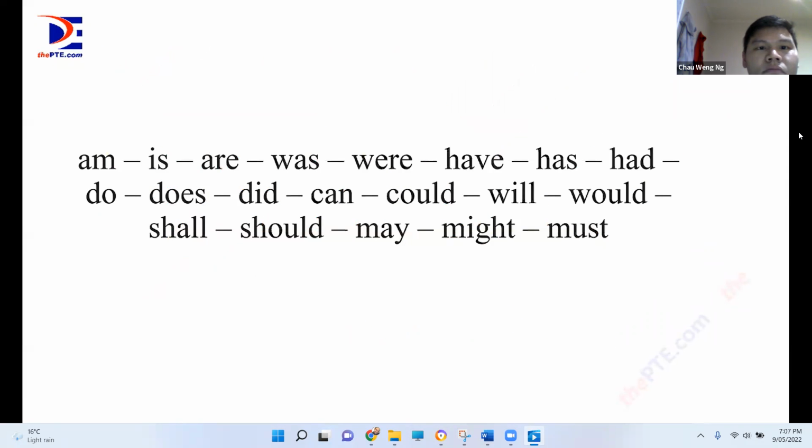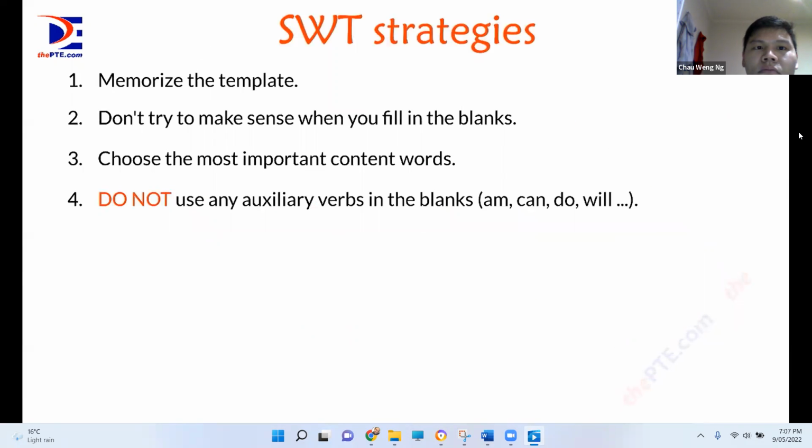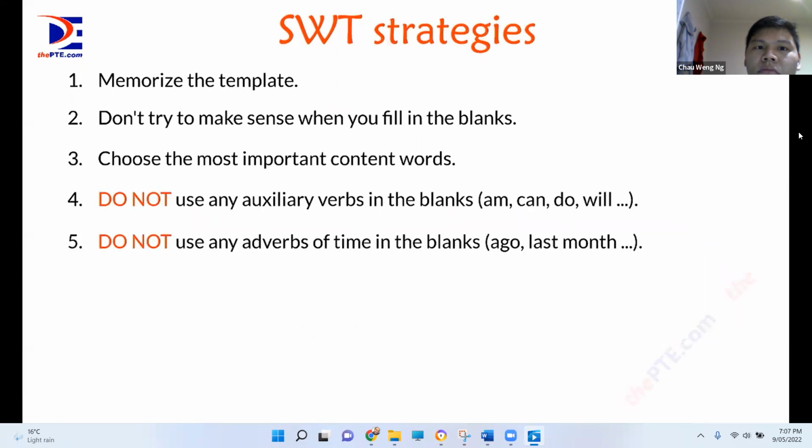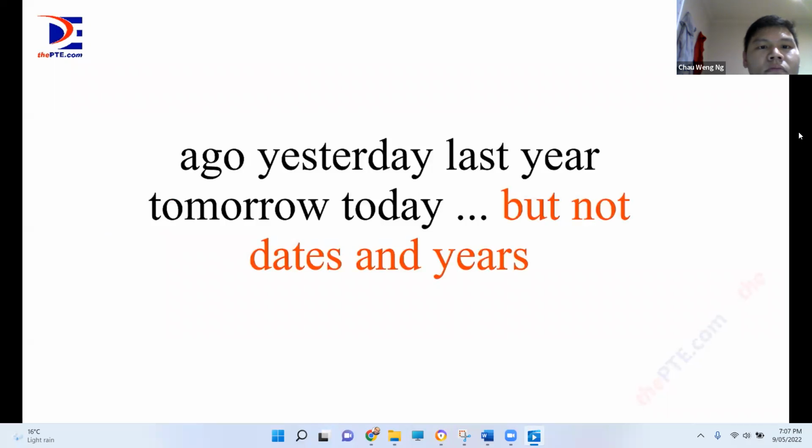So no auxiliary verbs in the blanks. Number 5. Do not fill in the blanks with adverbs of time. Adverbs of time such as ago, yesterday, last year, 2 months ago, and so on. Again, the reason is that adverbs of time ruin the grammar of the template. So no adverbs of time either.